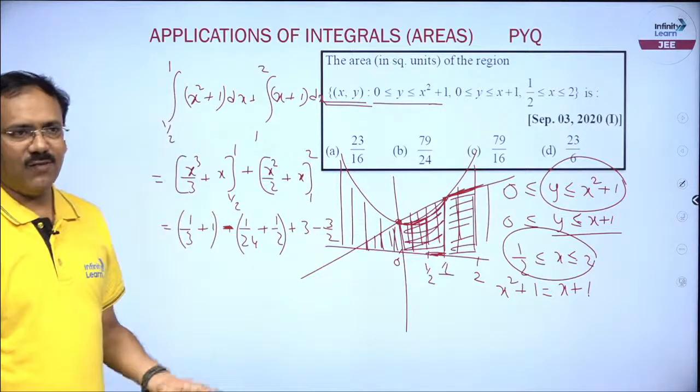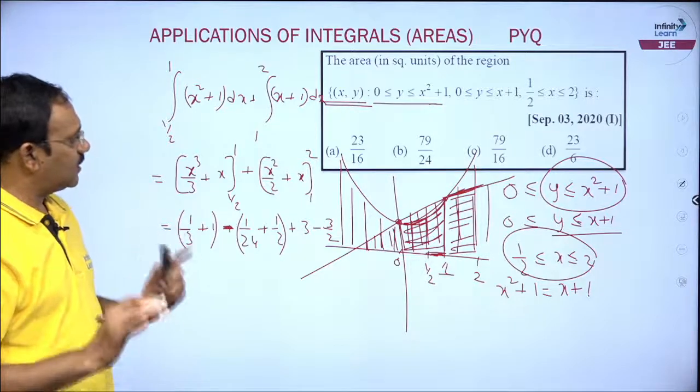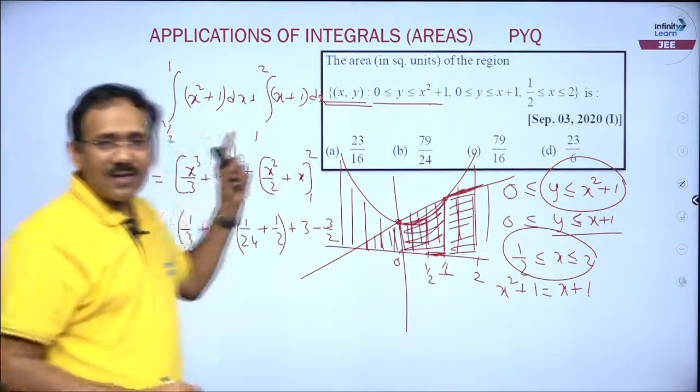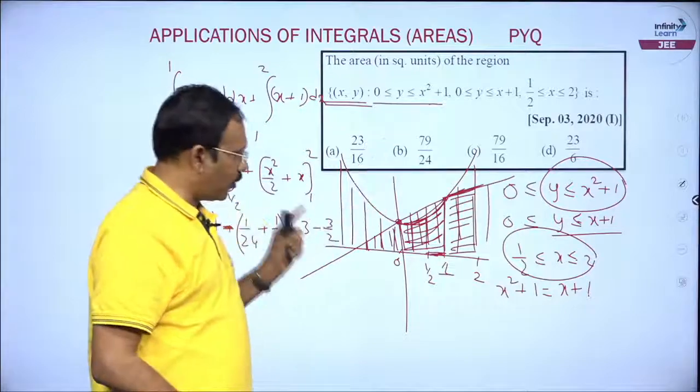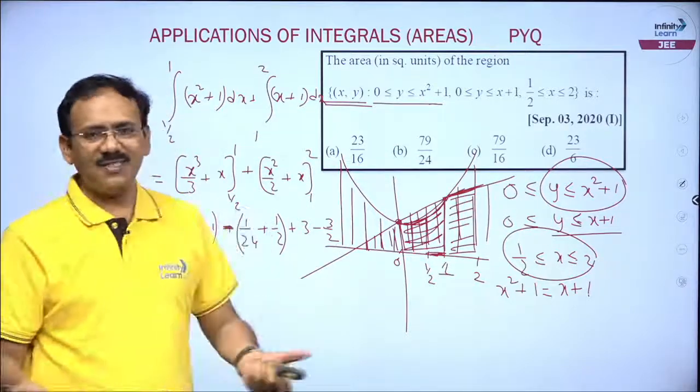You just simplify, you will get the answer. Okay dear students, fine. Here the most important point is understand the inequations, plot the graph, identify the region, apply the integral, that is it.